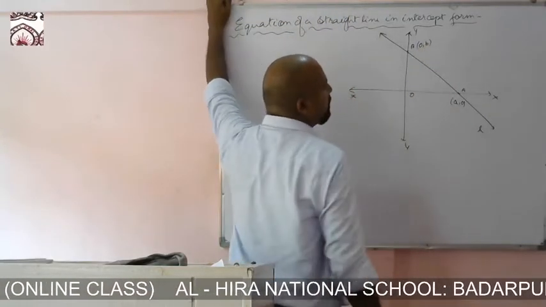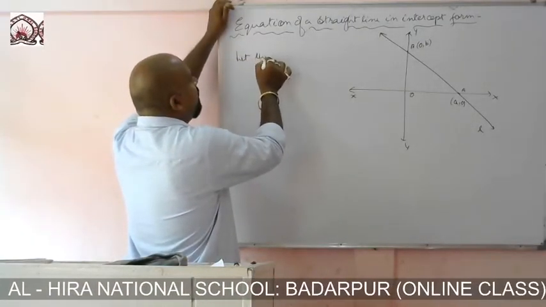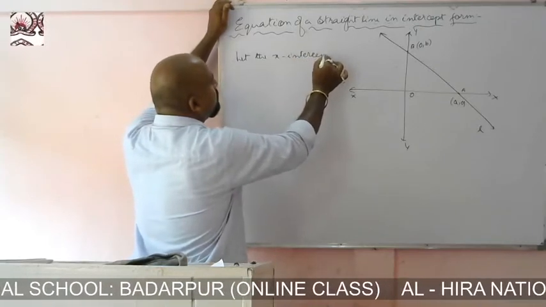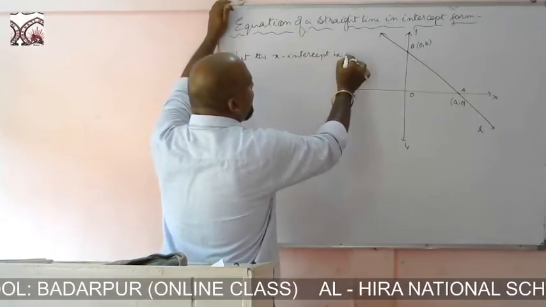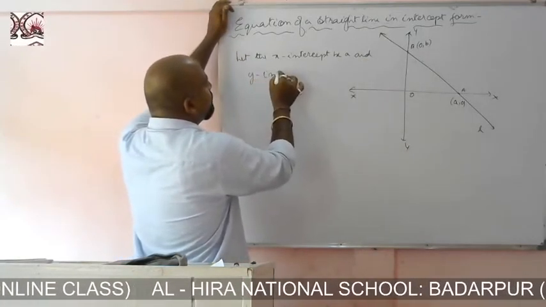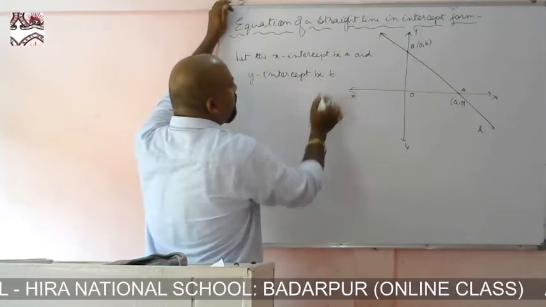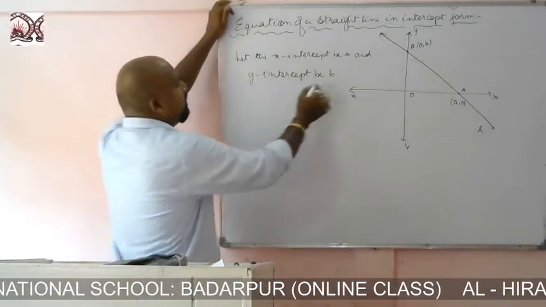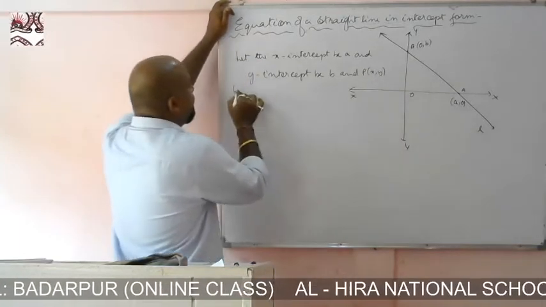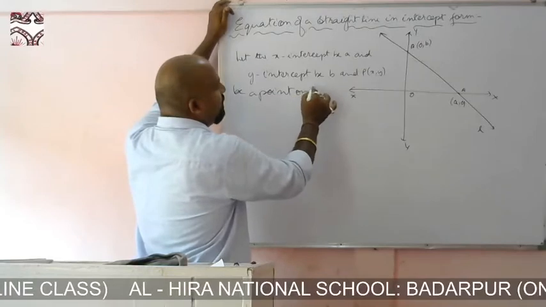Here let the x-intercept be a and the y-intercept be b. Now let P(x, y) be a point on the line.